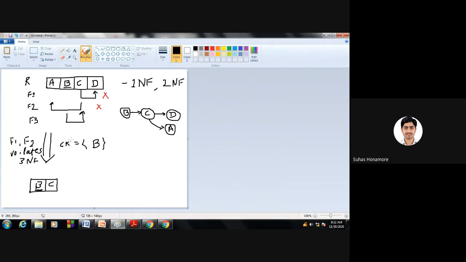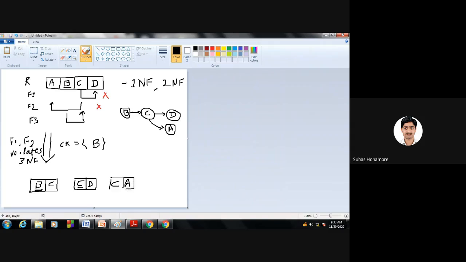Then F1 is violating, that is C to D. So I will remove this one, and since D is dependent on C, I can form C as a primary key in this new table I'm drawing. Then the next one, FD2, is violating, that is C to A, so I will write C to A as a new table.